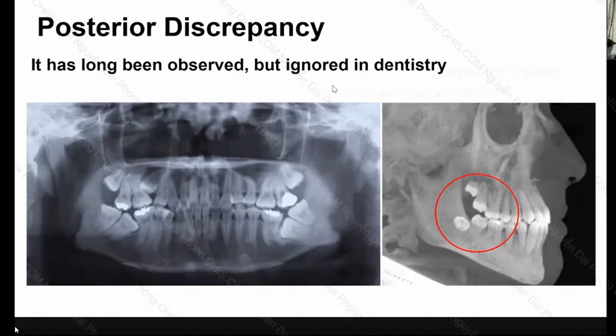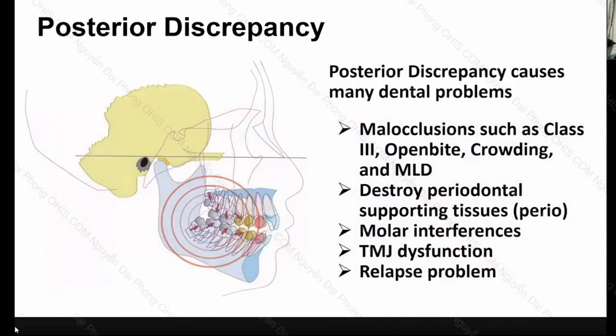So posterior discrepancy causes many dental problems. Malocclusion, class 3, open bite, crowding, sometimes mandibular lateral displacement, and also perio problems, and occlusion-wise, molar interferences, and therefore TM joint dysfunction problems and relapse problems.